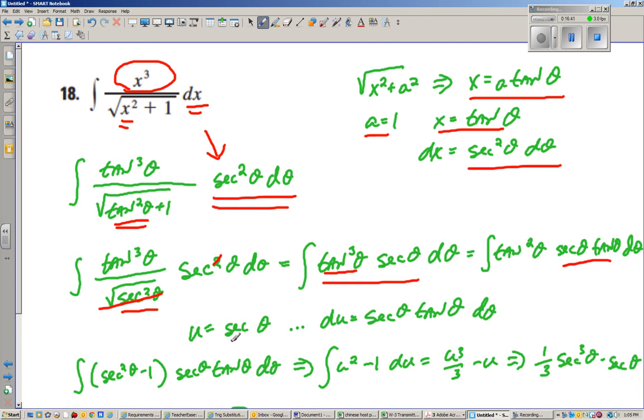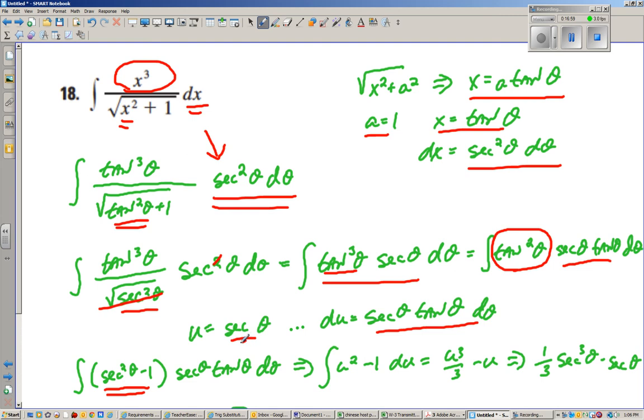But right now it's not secant, but I can write it in terms of secant. I can write tan squared as sec squared minus 1. So that's what I do.